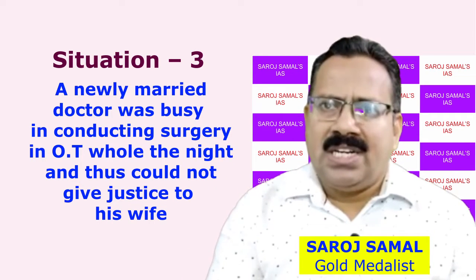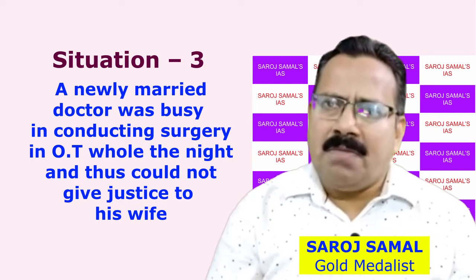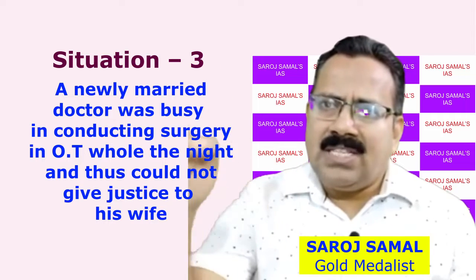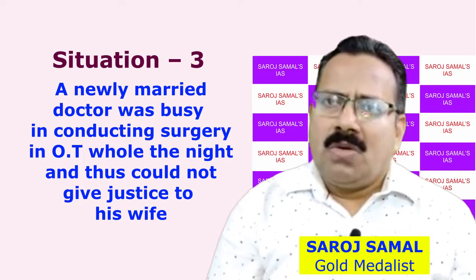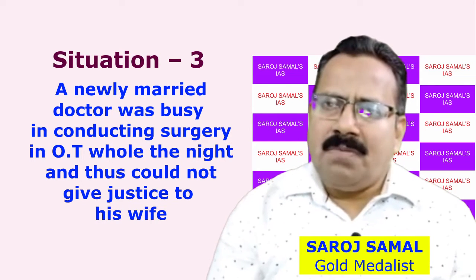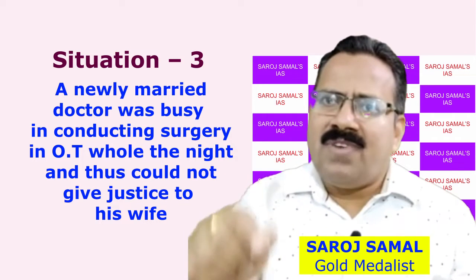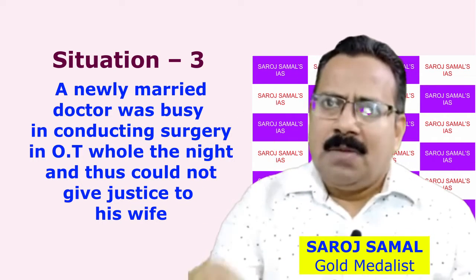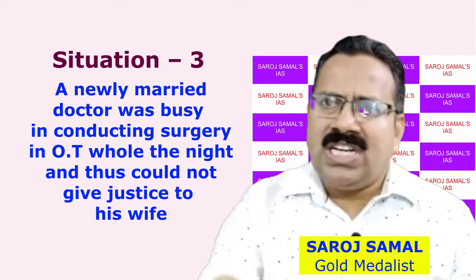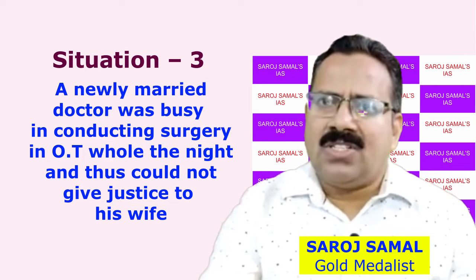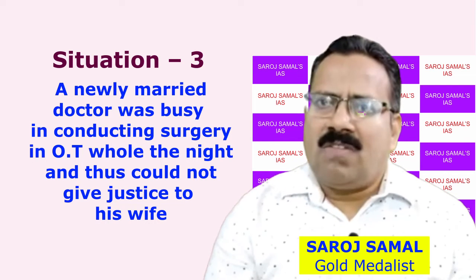But being a husband, this person was also expected to come and give attention to the wife. But as he gave attention to the patient, he could not come to the wife and could not give justice to the wife. So here also role conflict took place, but here it is because of two roles, and these two roles are associated not with a single status but with two statuses. So this is also an example of role conflict.